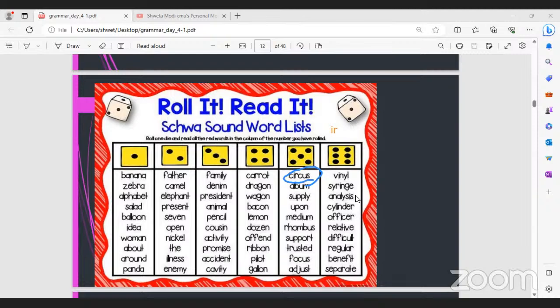Harsha has given the correct answer. It is both. First A and last A. So it's not banana, but it's banana. Okay? Yes.